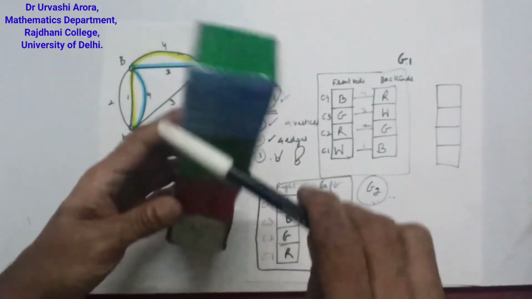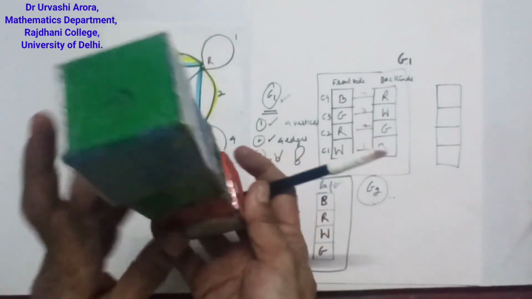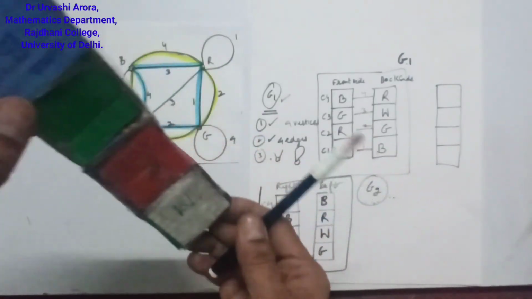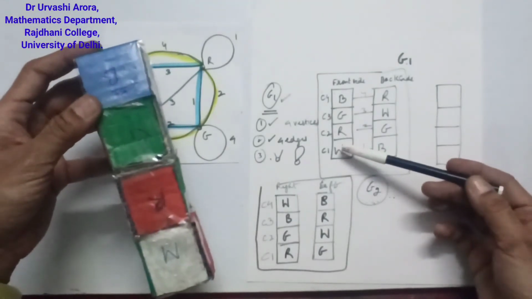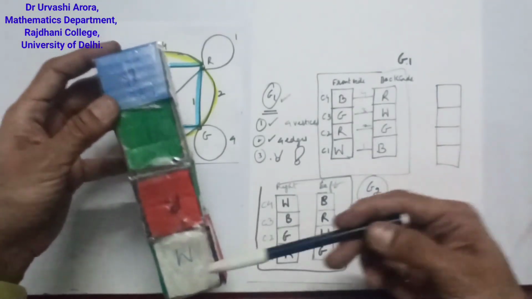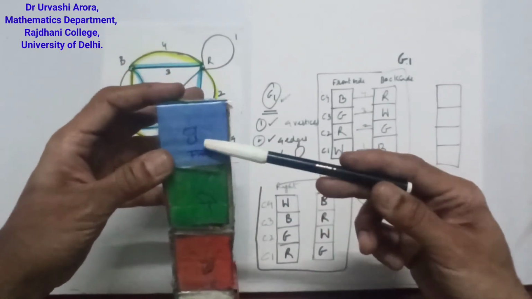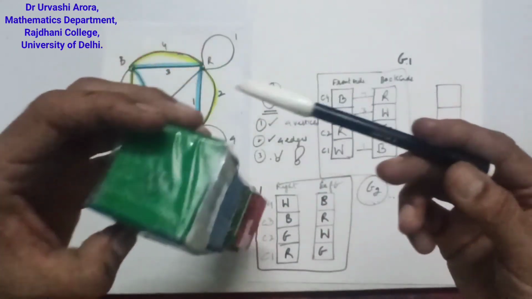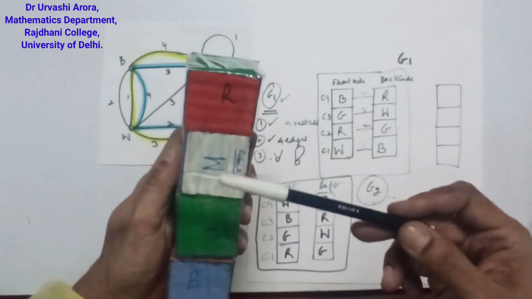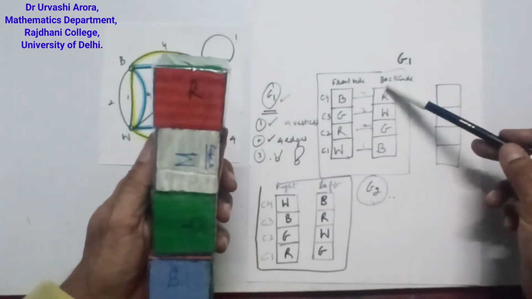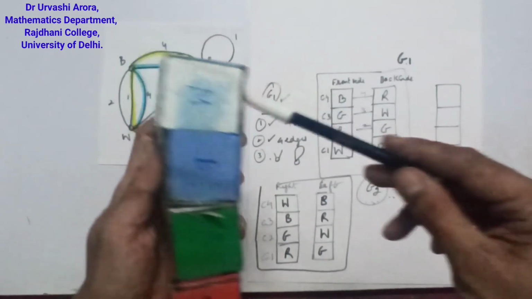So you can just see this is the whole resulting column that we have got. This is the front face of the resulting column, and the front face here is WRGB. Then the back face is BGWR. So this is the front and this is the back.